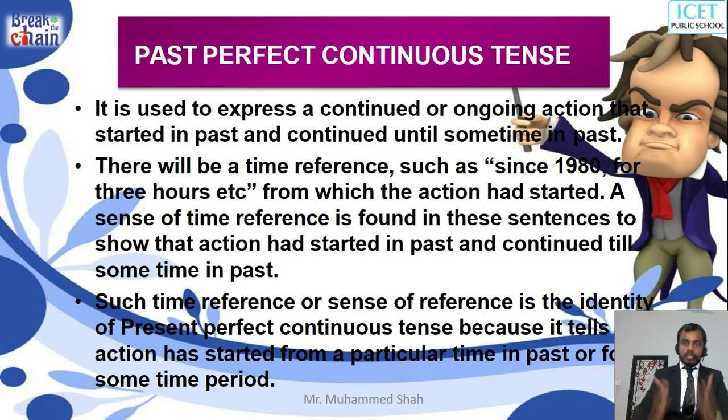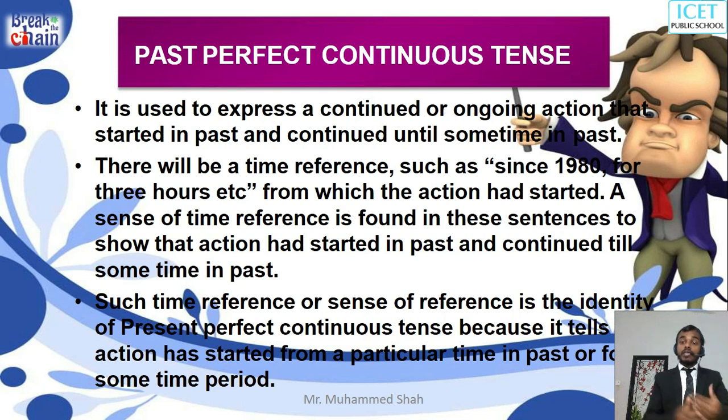Now I said in my example this, for which the action had started. A sense of time reference is found in these sentences to show that the action had started in the past and continued till some time in the past. That is the example I told you now. I had been studying since 2009 to 2018.